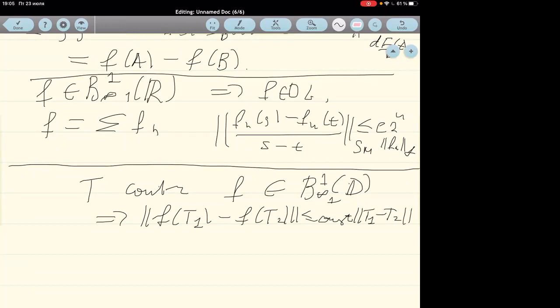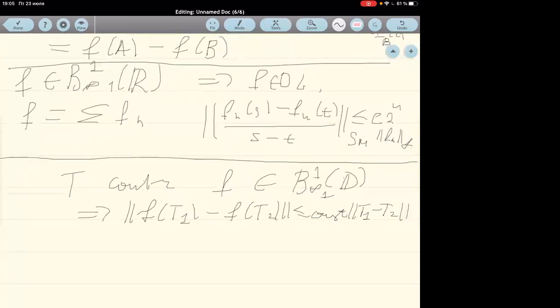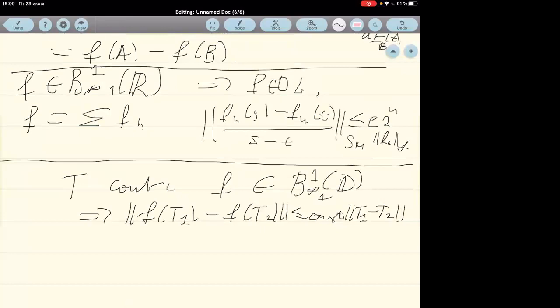Well, what is the difference? How can the above reasoning be adjusted to the case of contractions? We cannot represent T as an integral of a function with respect to a spectral measure. But we can consider, instead, a semispectral measure.